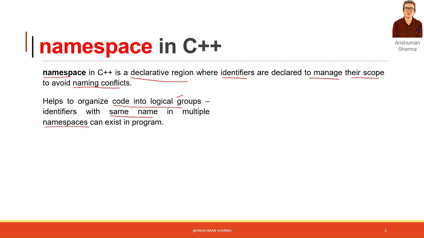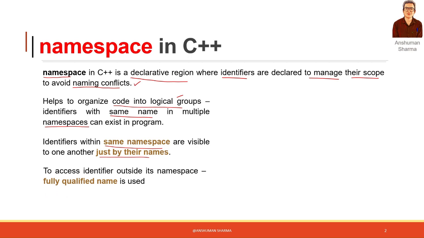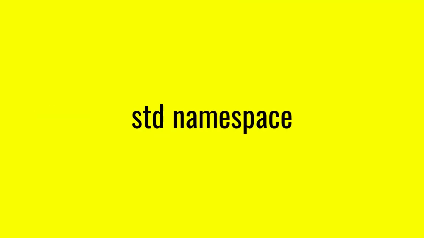If there is a possibility of multiple variables with the same name in a program, they can be defined in different namespaces, and thus avoid naming conflicts. Identifiers in the same namespace are visible to one another just by their names. To avoid name conflicts, we fully qualify the identifier with its namespace, and thus we can avoid the naming conflicts.